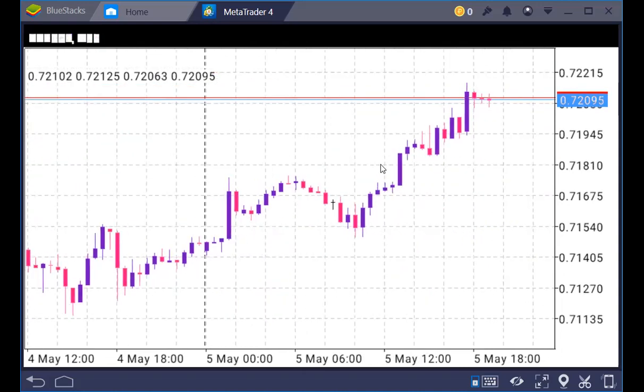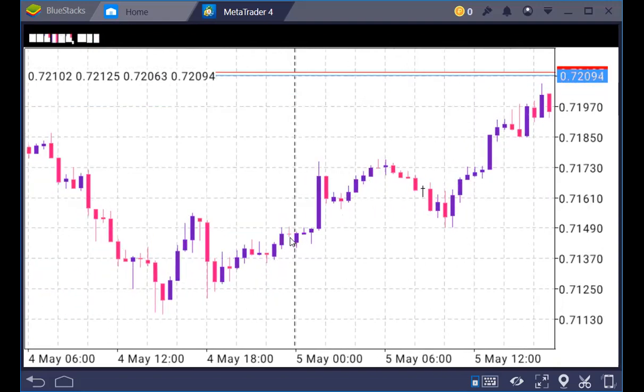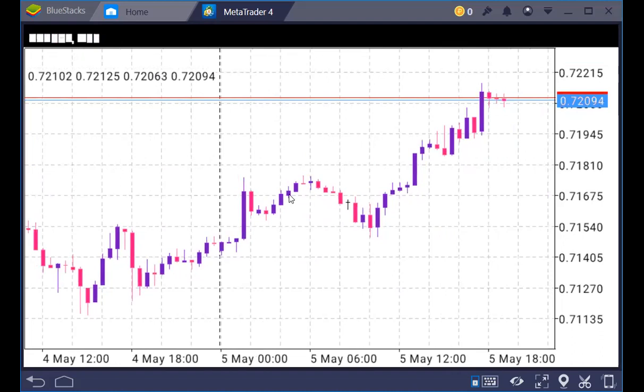But how can you know that this thing is going to move up, and how can you know this is going to go down? So it's like the opposite of up and the opposite of down. So how we do that, we have to do some technical analysis. And those technical analyses are not just done with the eyesight.